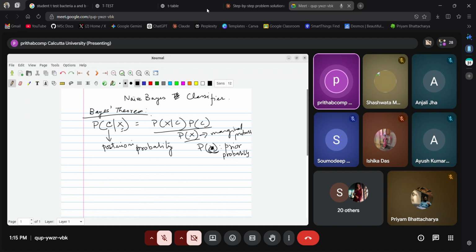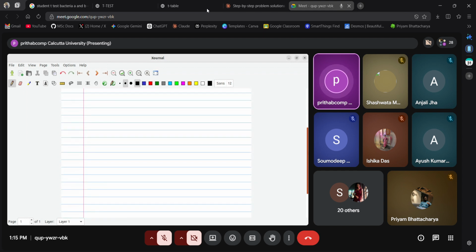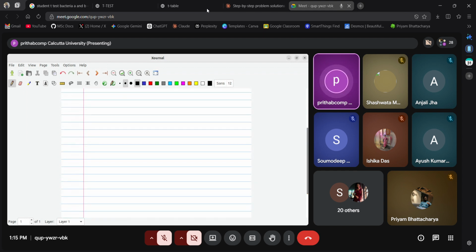If you cannot relate, let's start from the very basic, from the Bayes theorem itself. Suppose I have some elements like this. Let's say this is red, this is red, these things are red.